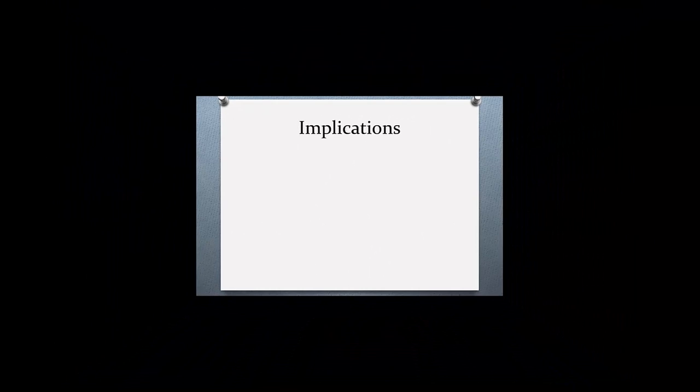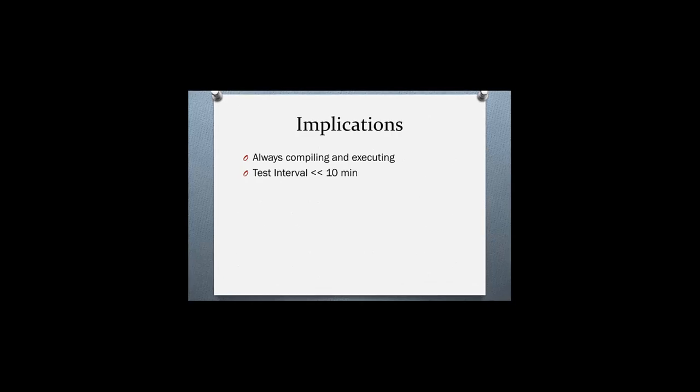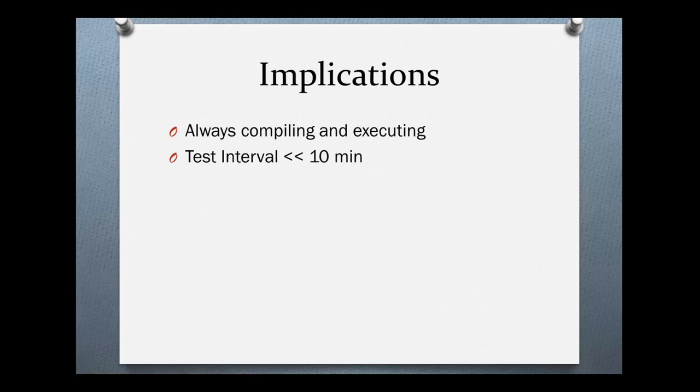So what are the implications? It means that you will always be compiling and executing code. So we should really be looking at test interval, i.e. the gap between test execution should be less than 10 minutes.